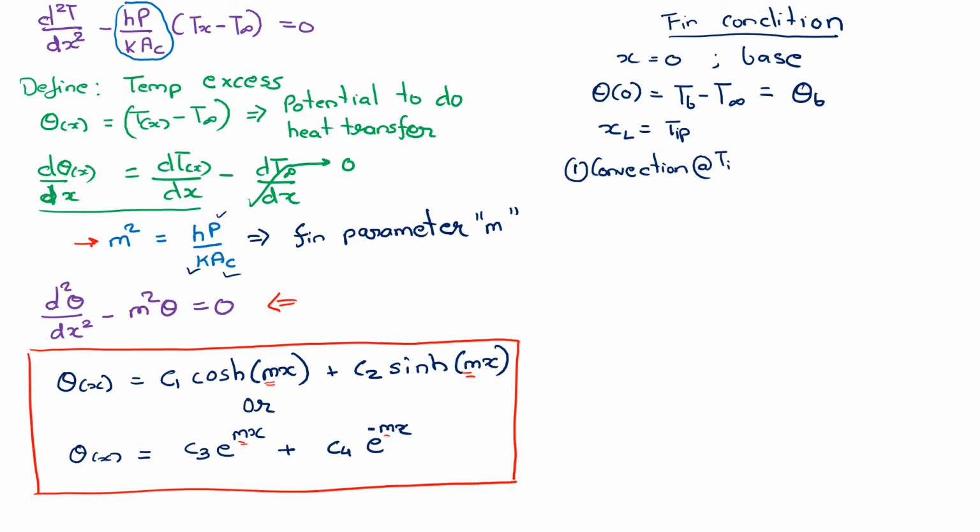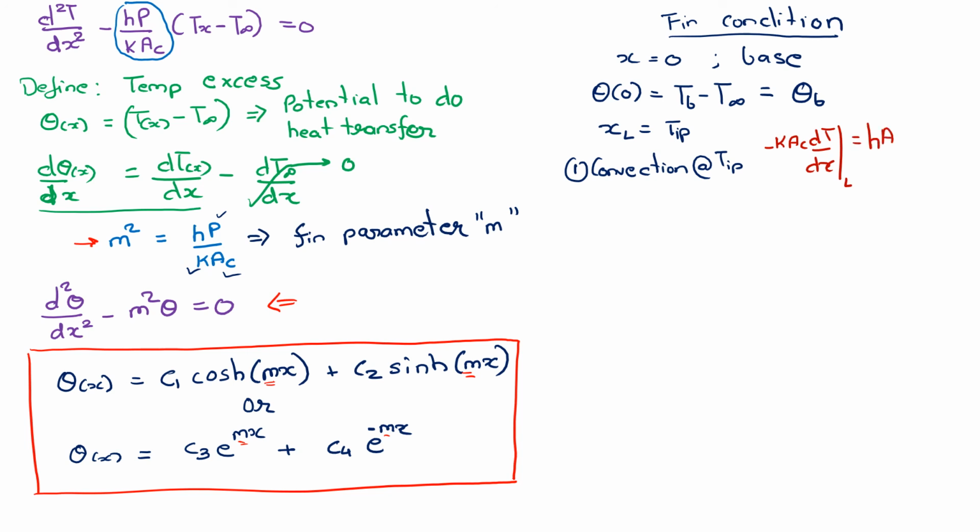Okay, so the first condition that you can have is convection at tip, and this will give you minus k Ac times dT by dx at x is equal to L equals convection at the tip.